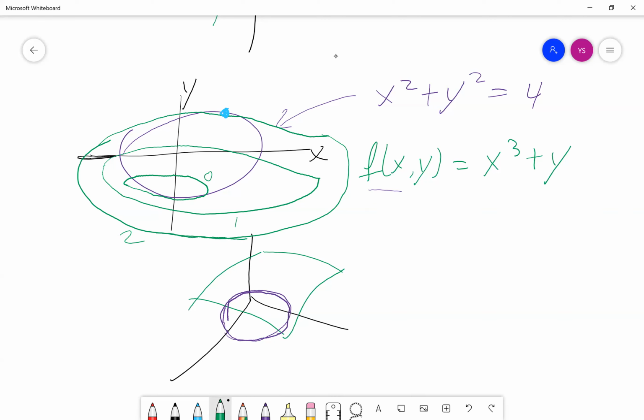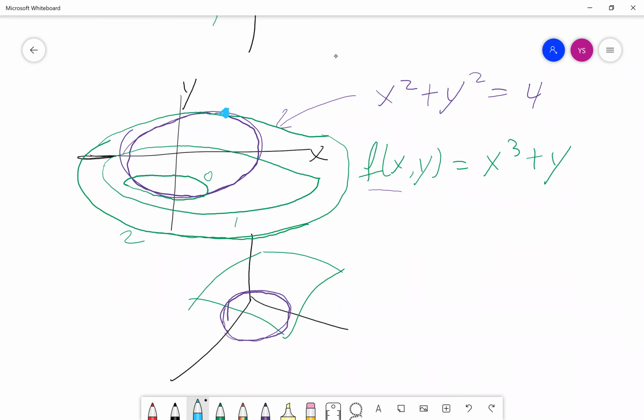You see, this is your level curve 2, but we're restricted to this curve over here, right? We can't leave it. So where's the maximum on the purple curve? It's this point right here, right? This point is somewhere between 0 and 1, right? The level curve above it is 1, the level curve below it is 0. So it's some point between 0 and 1. That's not going to be your maximum. Your maximum is this point right here.